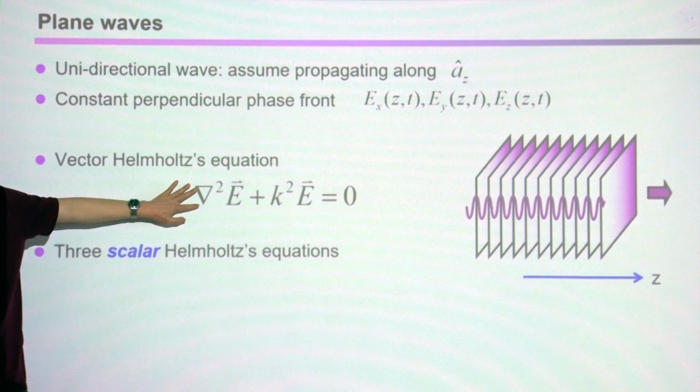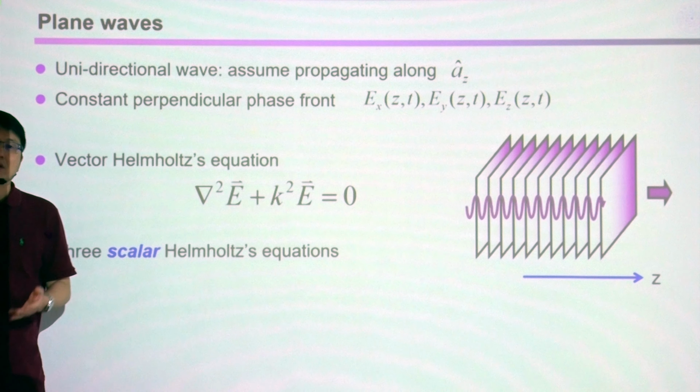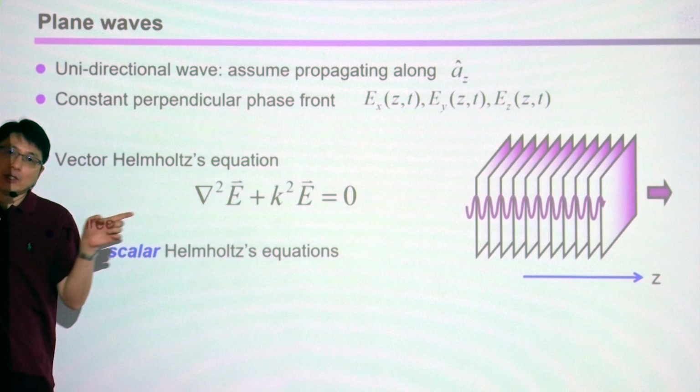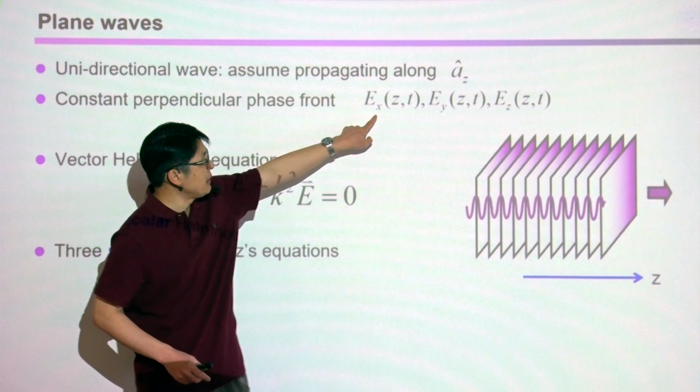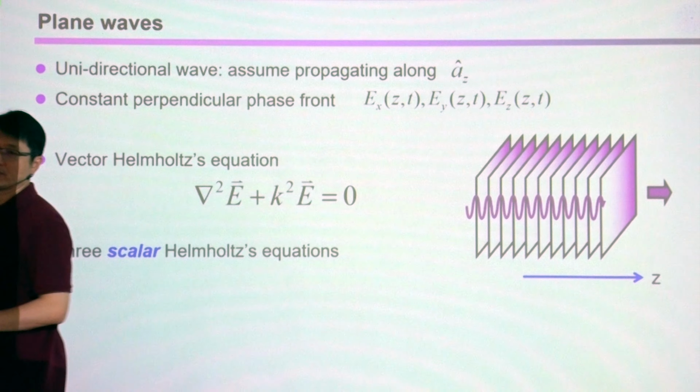Mathematically, this is from the Helmholtz equation. And if you have plane waves, although these fields are propagating into the z direction, the E fields can oscillate in both x, y, or maybe in the z directions.